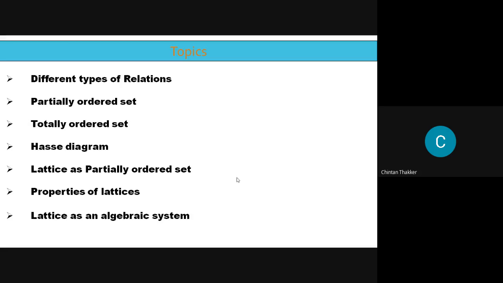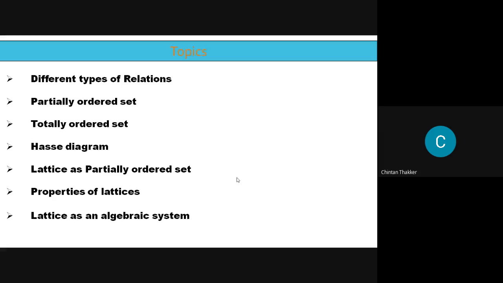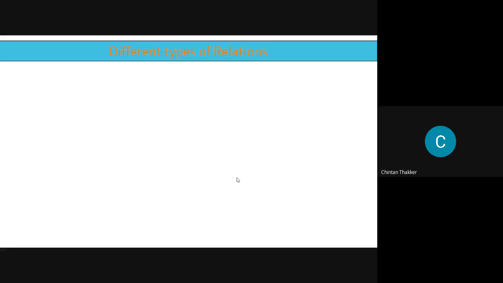So in different types of relation, to define the relation, first we require two terms. The first one is power set and second we require the product set. So what is the power set?